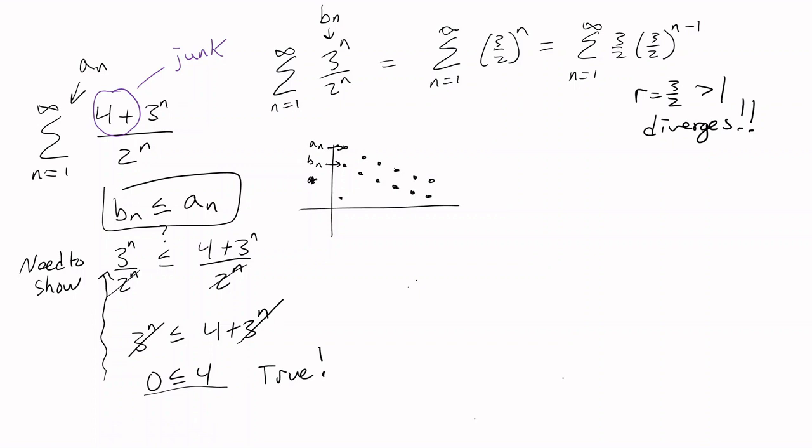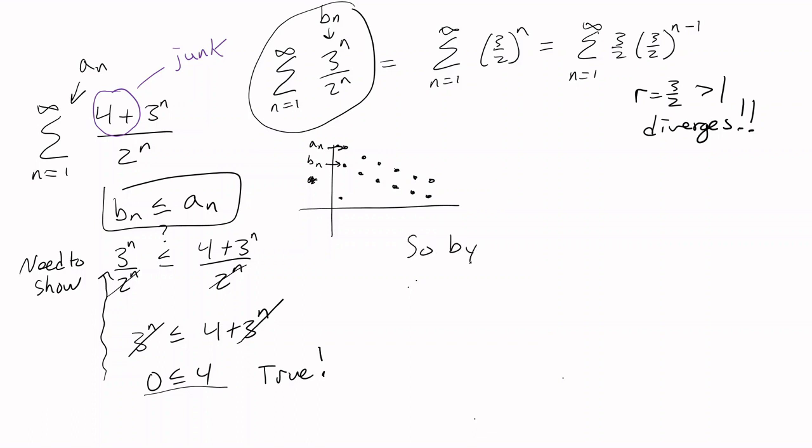Well, why is that helpful? I know that the series B sub n diverges. So when I add up all of these values, all these dots forever and ever, that sum is too big. It's big, big, big, going to go to infinity. But A sub n, look, the dots are bigger. That means that that sum is also going to get too big, too big, too big.